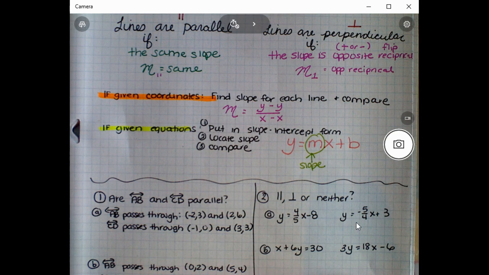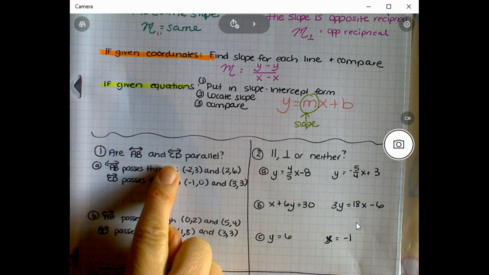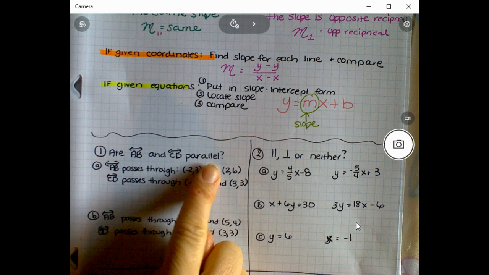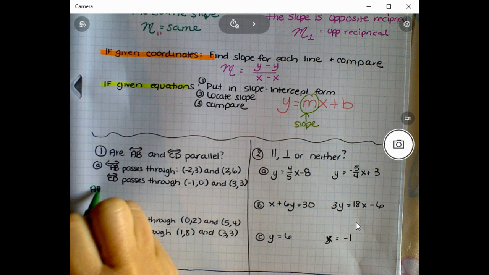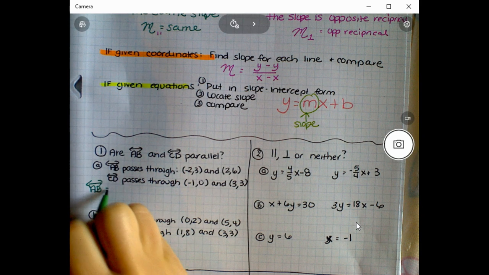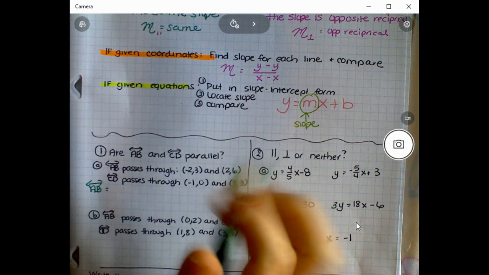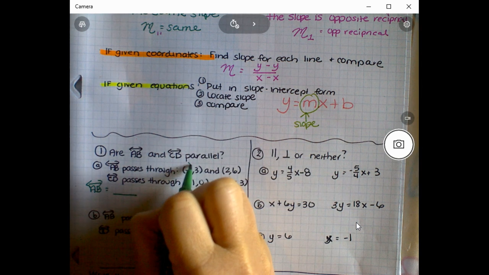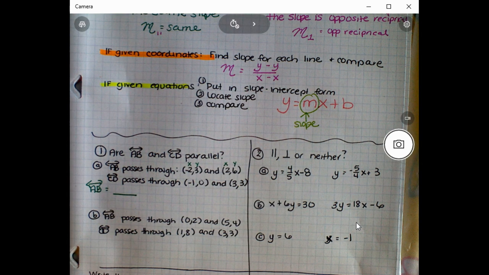All right, so let's look at some examples. Are AB and CD parallel? Well, let's look. I'm going to do these in two colors. For AB, we're going to use the slope formula from up here, y minus y over x minus x. We have x, y, like that.